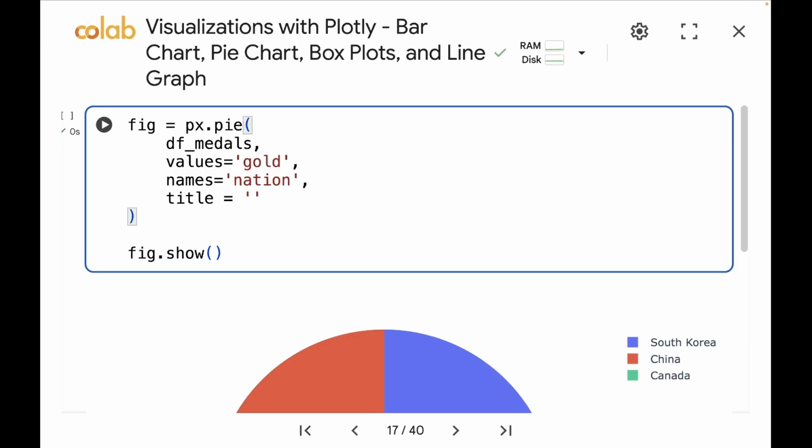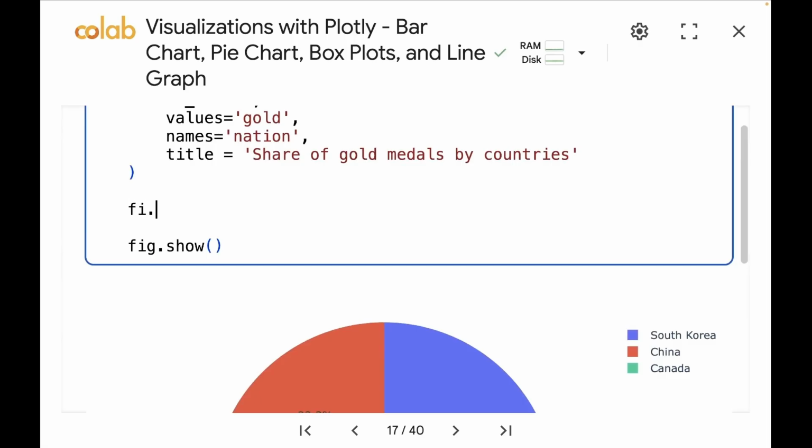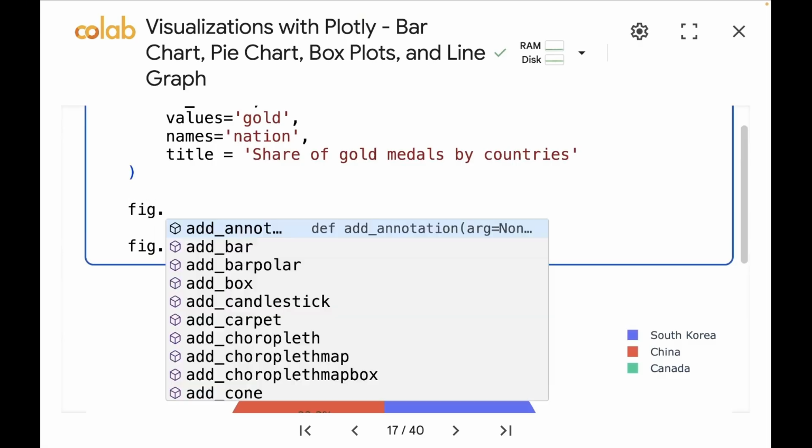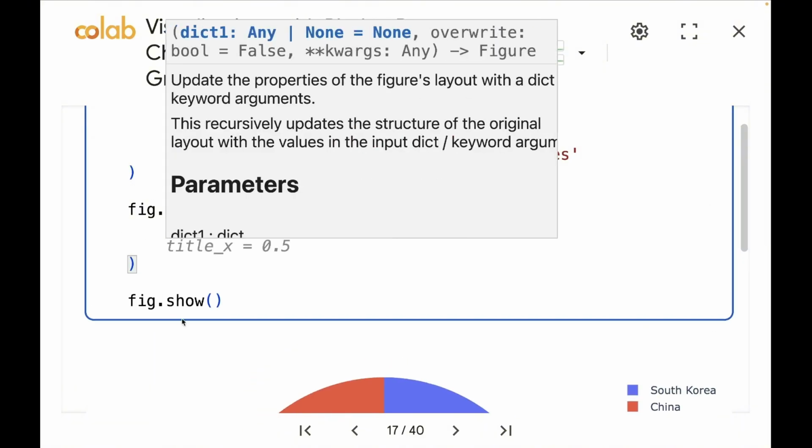things like title and other things, right? Share of gold medals by countries. So that's one thing we can do. And we can go back to fig.update_layout, and we can do the height and width control, right?